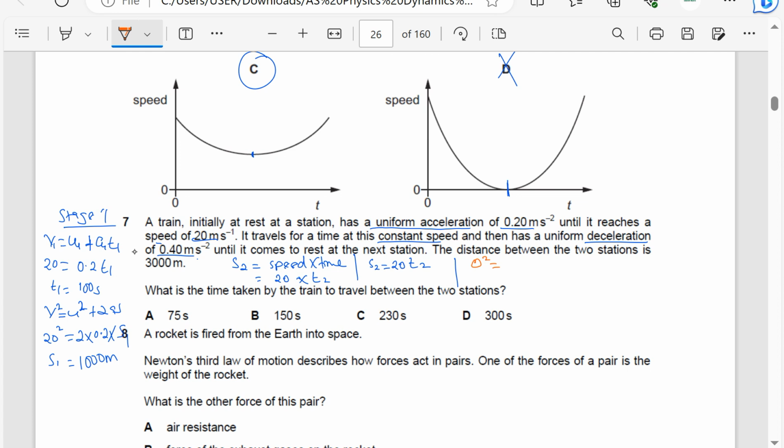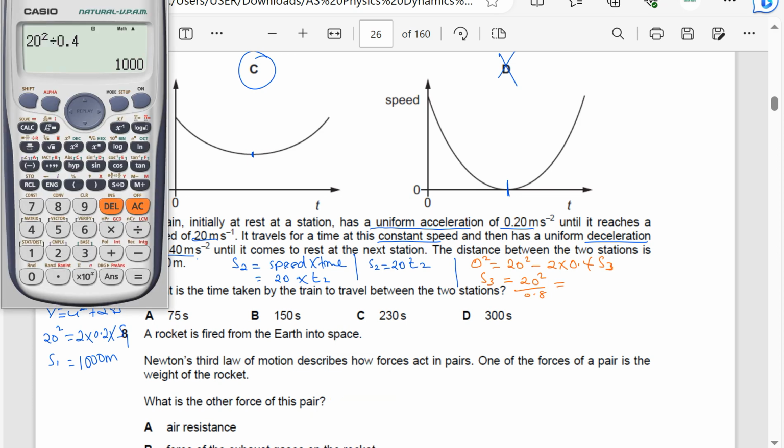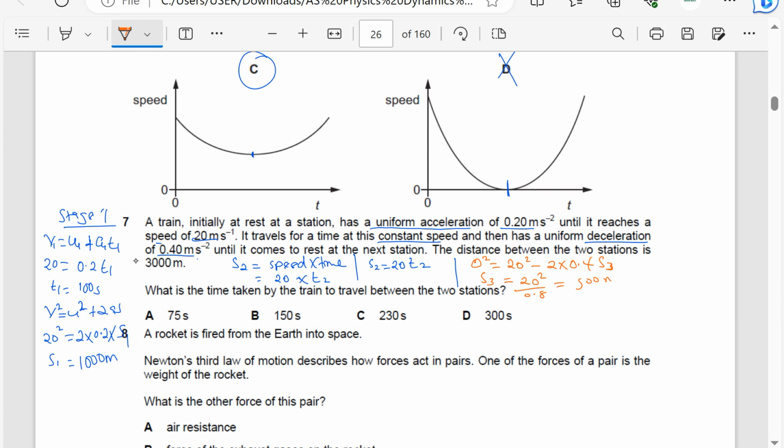The initial velocity is 20 squared. Because it's a deceleration, it is minus 2 times 0.4 times S3. So S3 is 20 squared divided by 0.8, which is 500 meters.